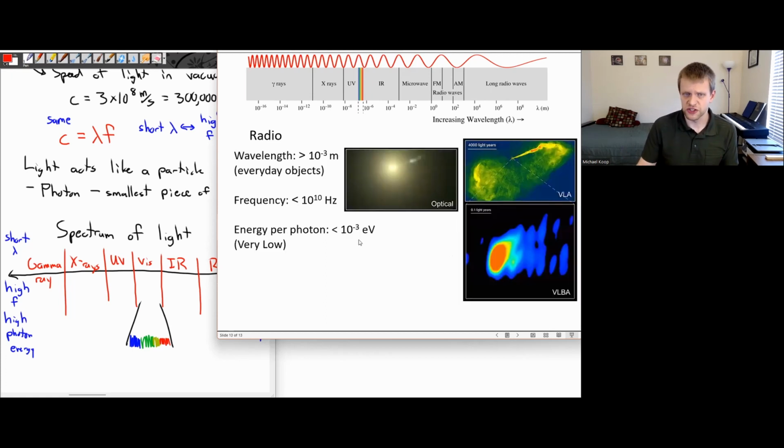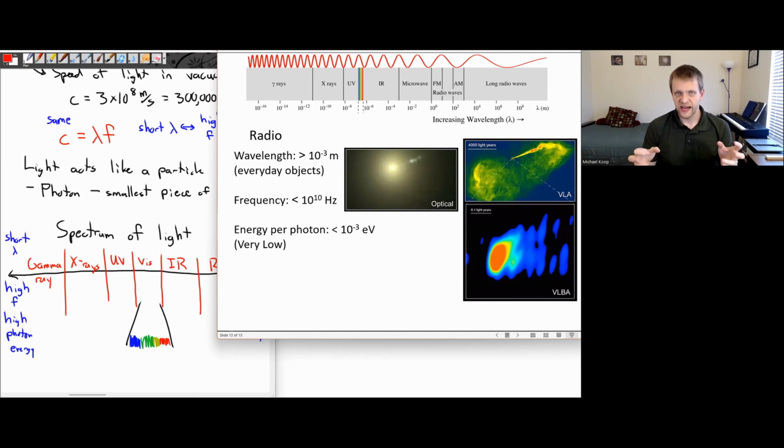So this radio part of the spectrum has the largest wavelengths of the spectrum. It has the lowest frequency. And the energy per photon is the lowest of this set that we've talked about. Very low energy per photon.